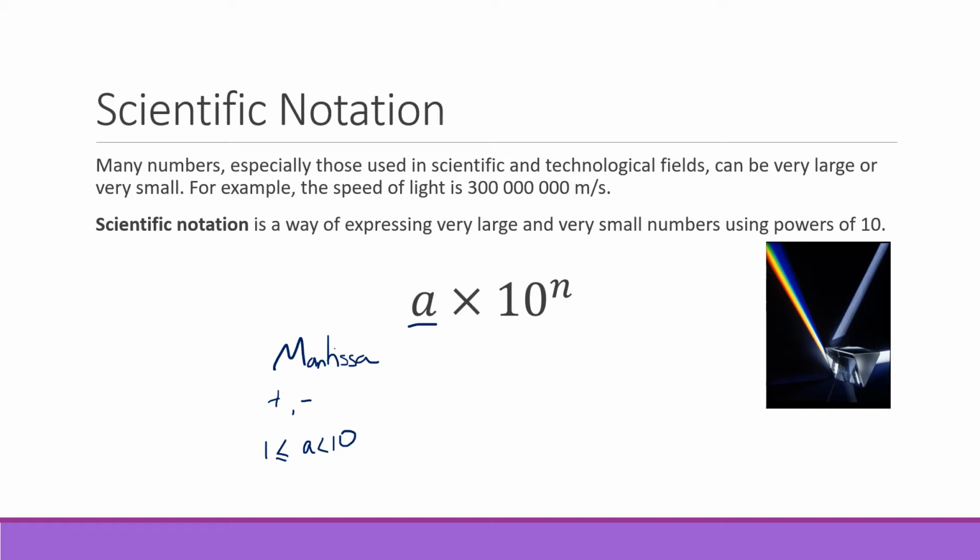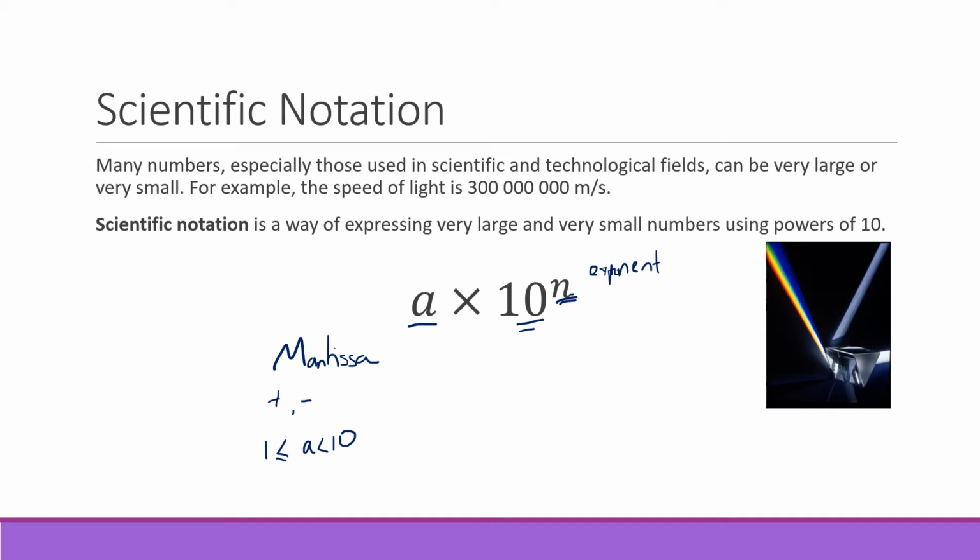And then you can put a negative in front of it to make it negative. 10 is our base. And then n, that's our power or our exponent, and that could be negative, could be positive, can be whatever we like.